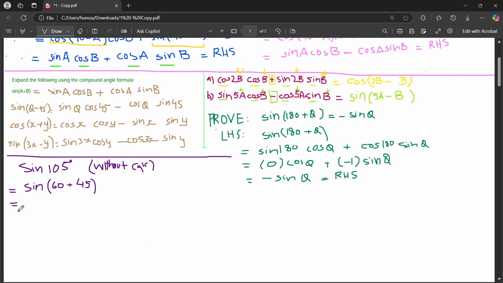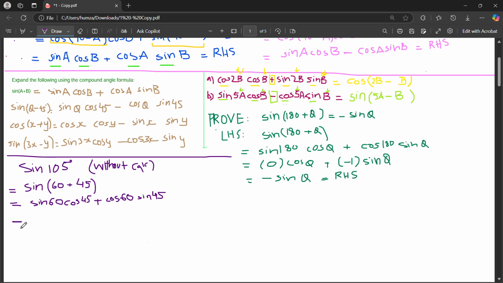Now we are going to use the compound angle: sin 60 cos 45 plus cos 60 sin 45, and then we are going to identify the values and put in the values.